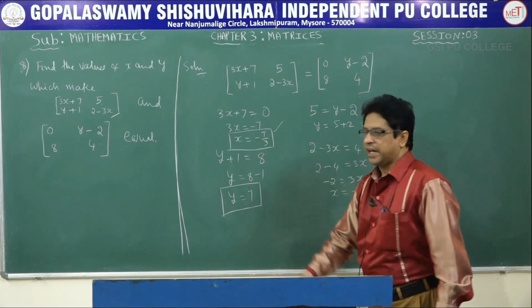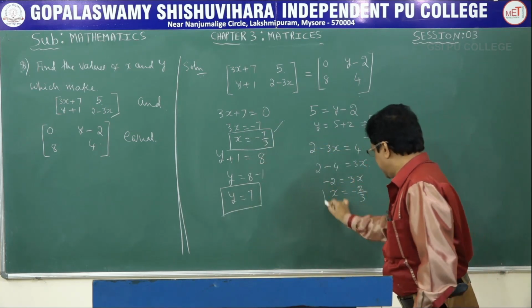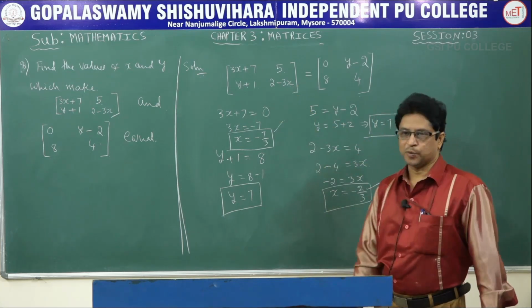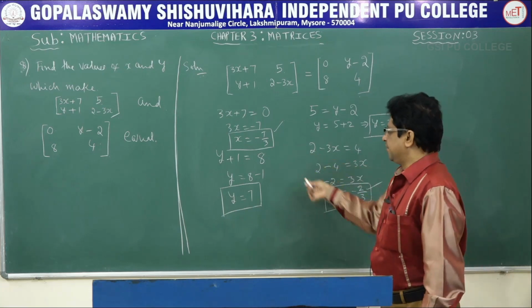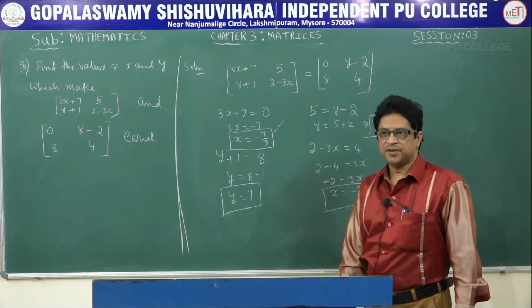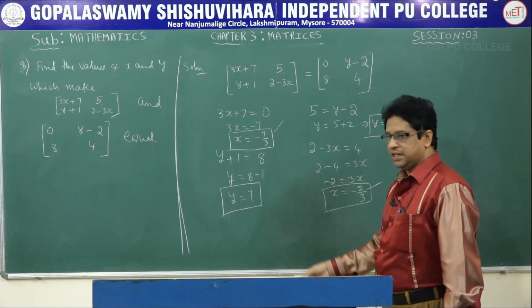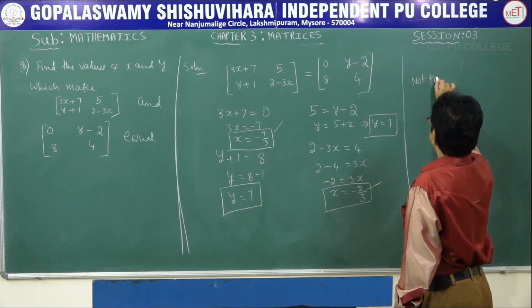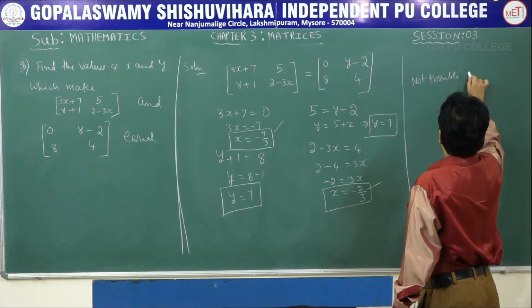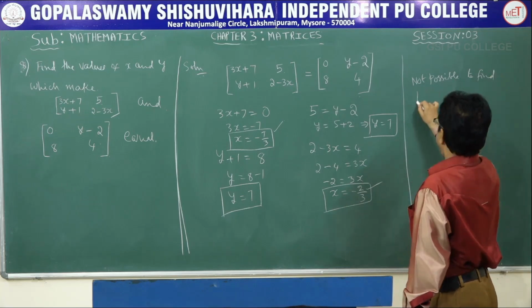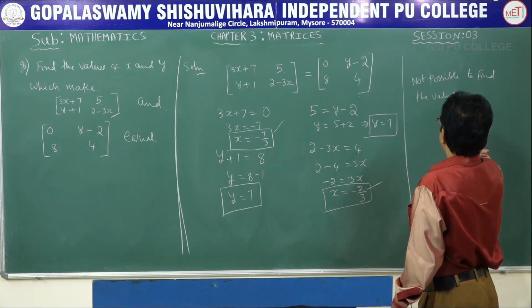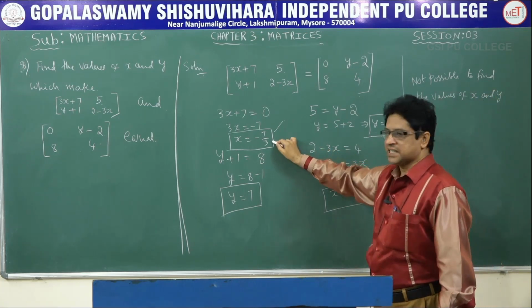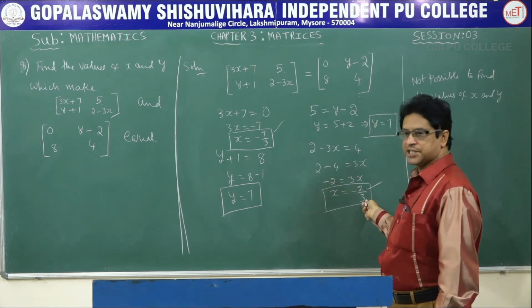Here we have got x equals minus 7 by 3. By using this equation, we are getting x equals minus 2 by 3. That means it is not possible to find the values of x and y under the given conditions, because here x equals minus 7 by 3, here x equals minus 2 by 3.